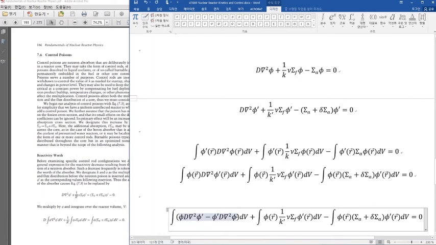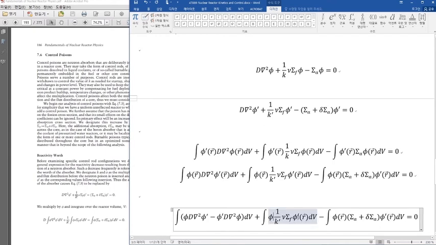I just delete this to make the form of the equation simple. Of course, phi and phi prime are all still functions of location, so we should keep that in mind even if we delete the parenthesis and the R vector.